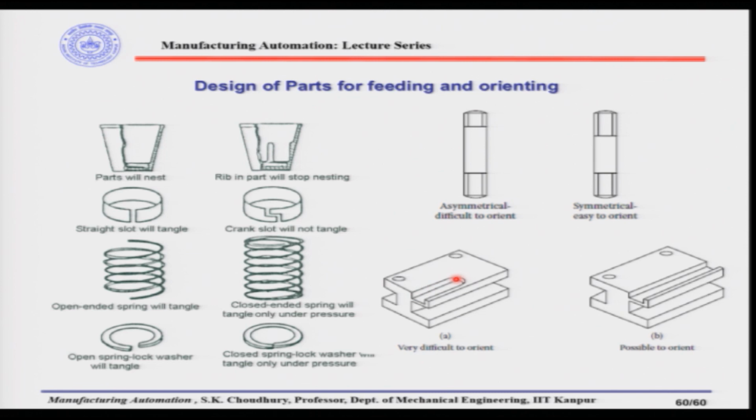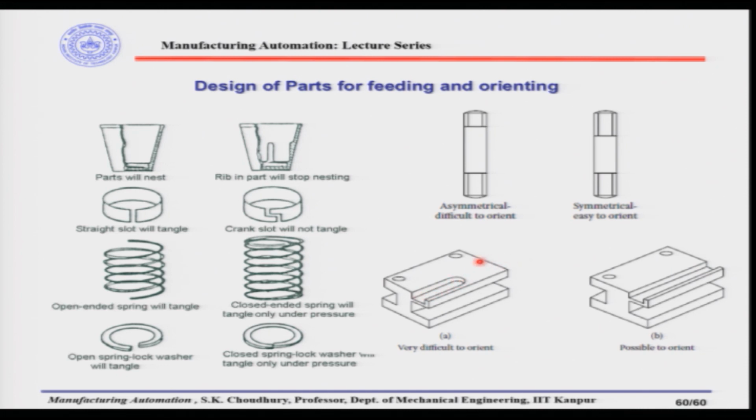So, if we are extending that, it will look like this diagram, and here it will be very easy to orient, because this orienting device can base on this surface, whereas here there is no base, because it is not open.